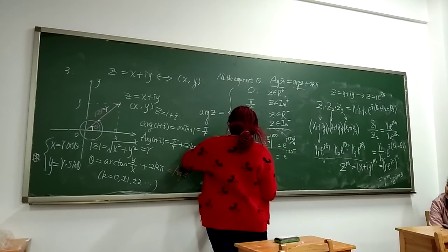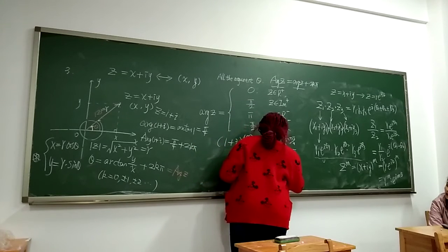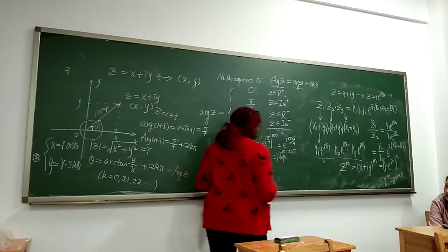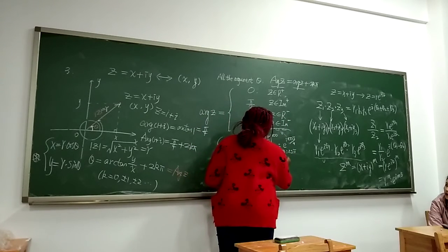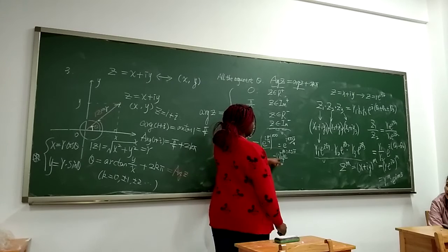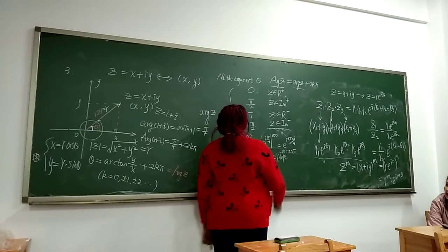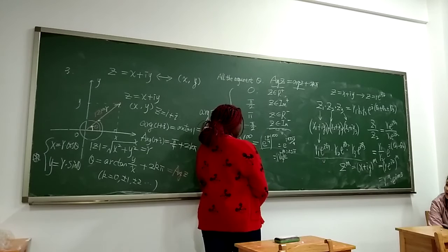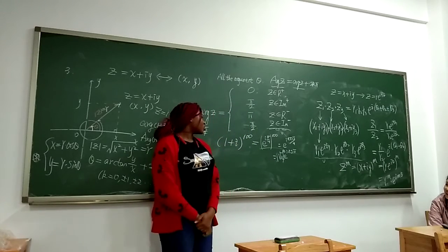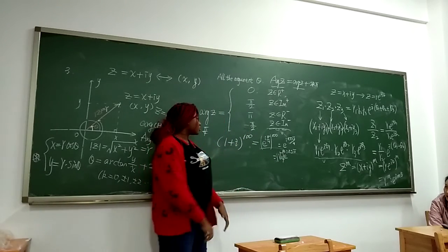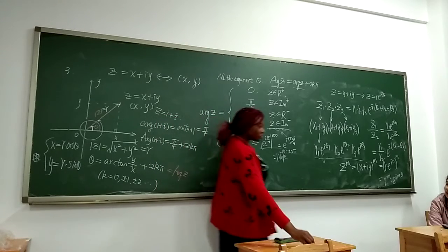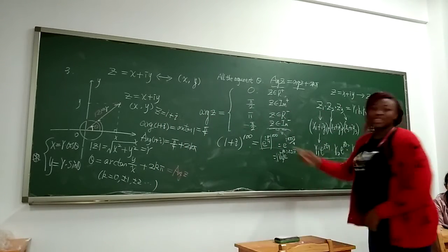R equal to this is 1 and this is 1. Understand that?